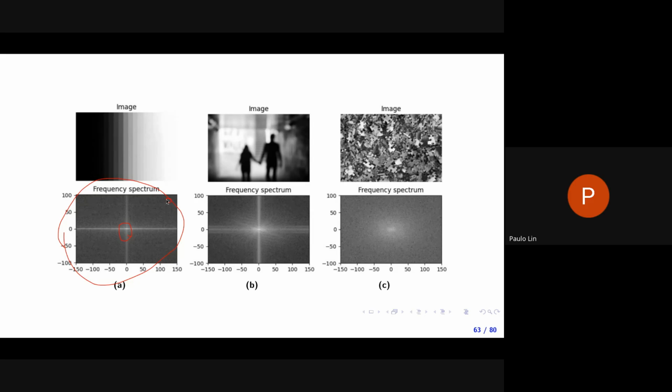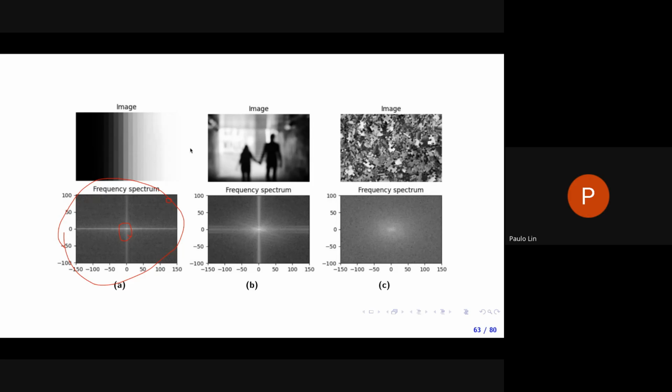For instance, on the left, we have an image with very smooth transitions. So we can see that the spectrum is concentrated on the origin. There's only high magnitude in this part of the frequency spectrum, which is a horizontal line, because even though the transitions are smooth, there are still some changes or edges within the original image.